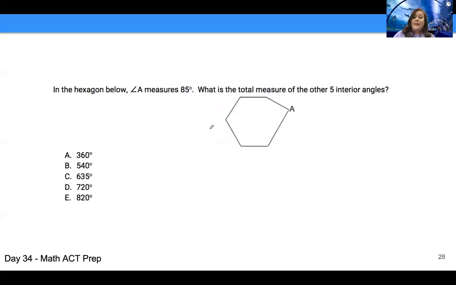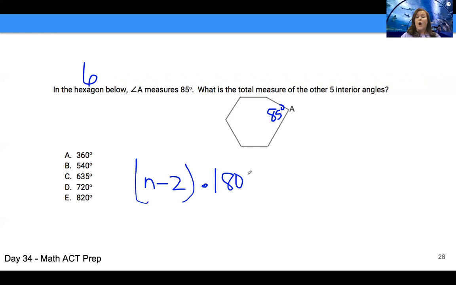Here we've got a hexagon, and we know that A is 85 degrees. So what's the total measure of the other 5 interior angles? We cannot determine single ones because this is irregular. This is not a regular hexagon. You need to know that hex means what? 6 sides. Always remember hex, it has an X, 6 has an X. And our formula is n minus 2 times 180 to find the sum for all of them.